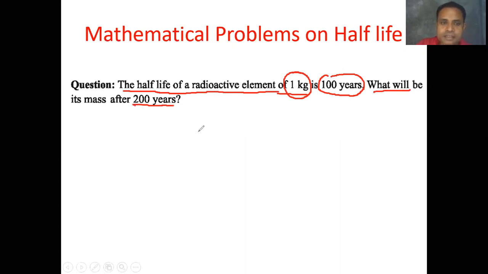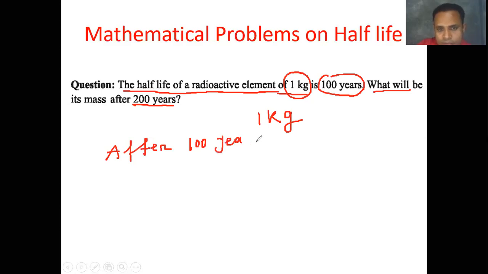That is the mathematical problem. So, initial amount 1 kg, after 100 years remains half of 1 kg, that is 0.5 kg.